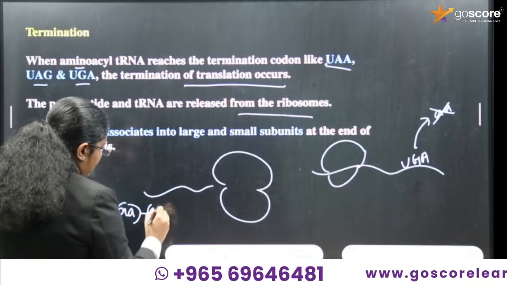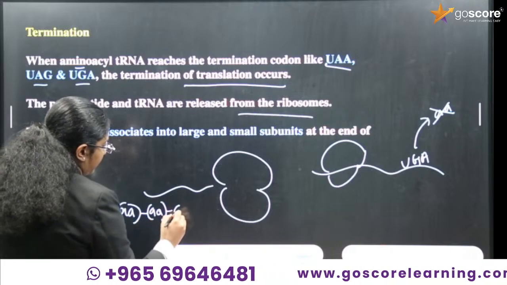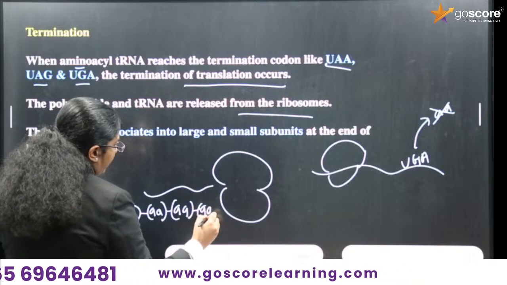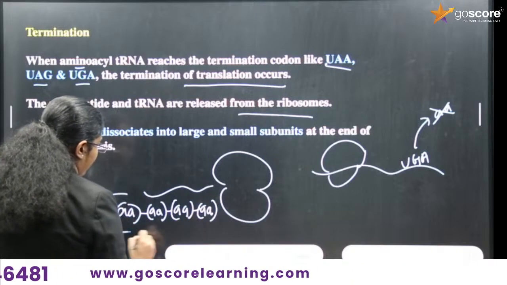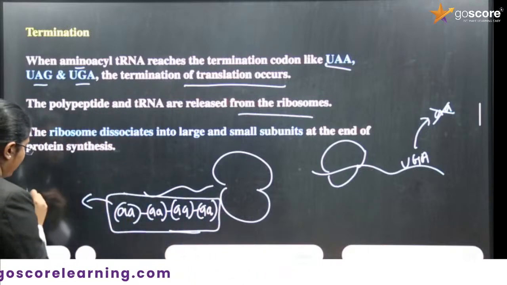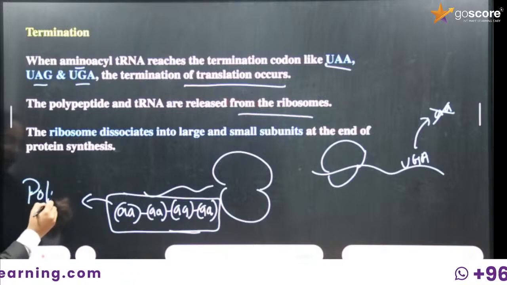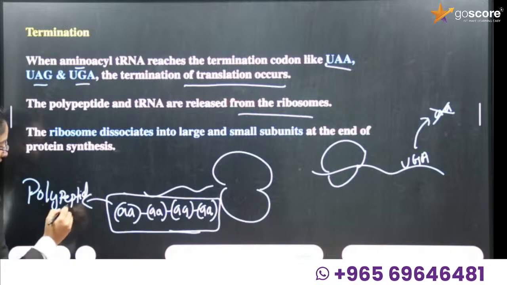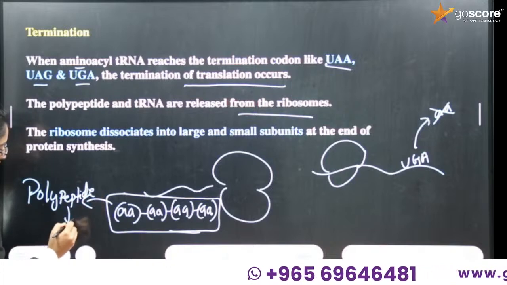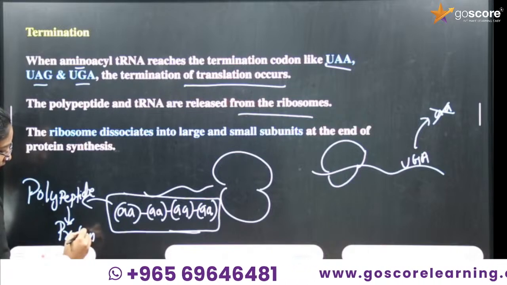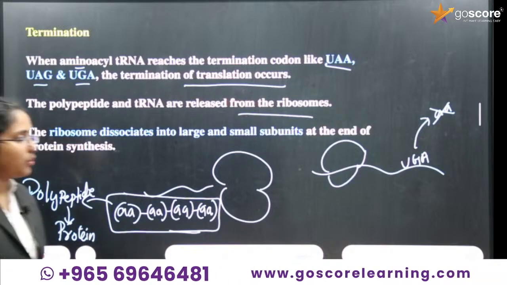Amino acids are connected together with peptide bonds, and this particular molecule is known as a polypeptide. And this polypeptide is known as a protein molecule.